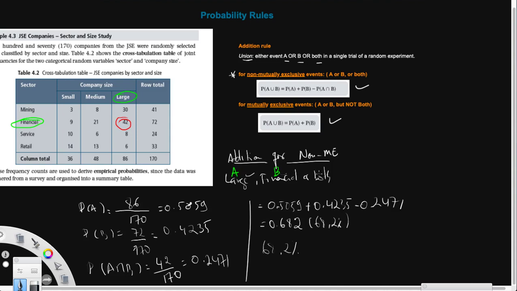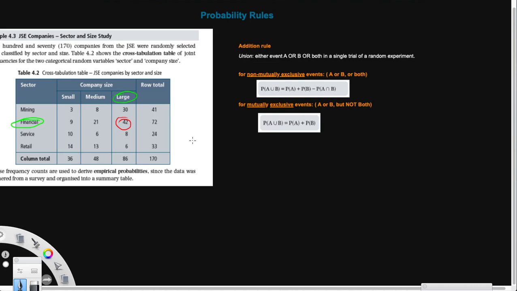This is an example of non-mutually exclusive events, which means that these two events can occur at the same time. Okay. So now when it comes to mutually exclusive events, by mutually exclusive events we know that those are events that cannot occur together.